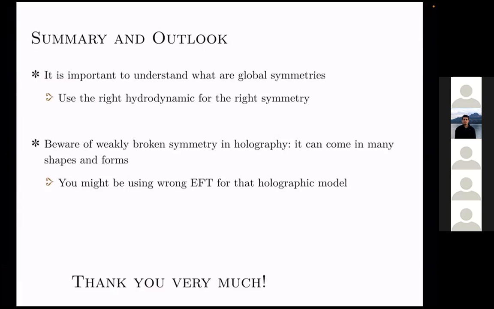And then you might want to be careful of weakly broken symmetry in holography. It's not that if you don't put it in by adding the gauge field in the bulk, it will never come to you. It can come in many shapes and forms, mostly because there's no notion of what you mean by broken gauge symmetry. It wasn't there, and so the broken symmetry can exist and manifest in many ways.